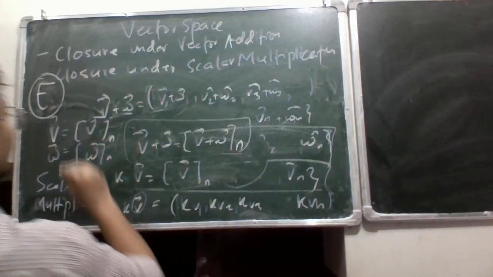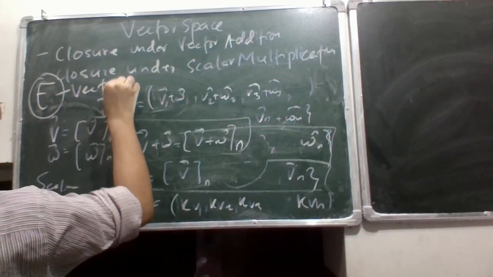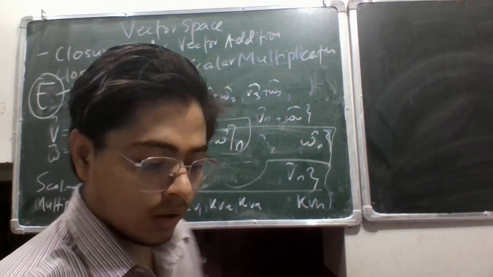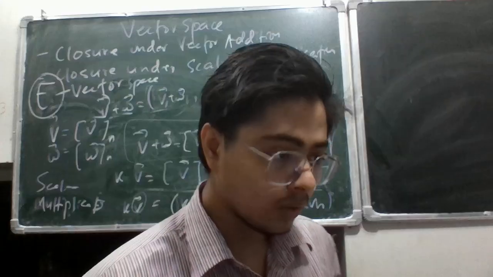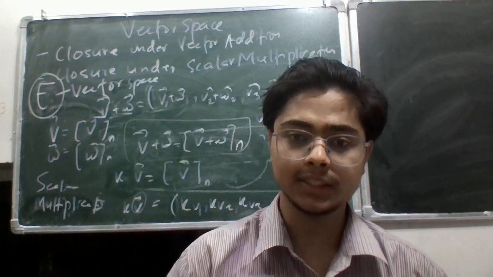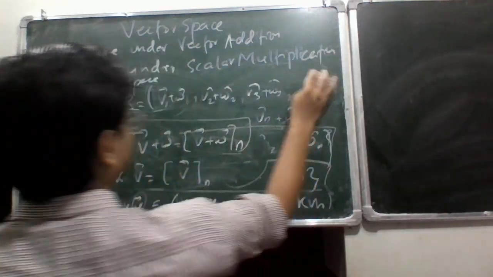So this is what a vector space is. We have understood the basic thing and basic axioms of a vector space.